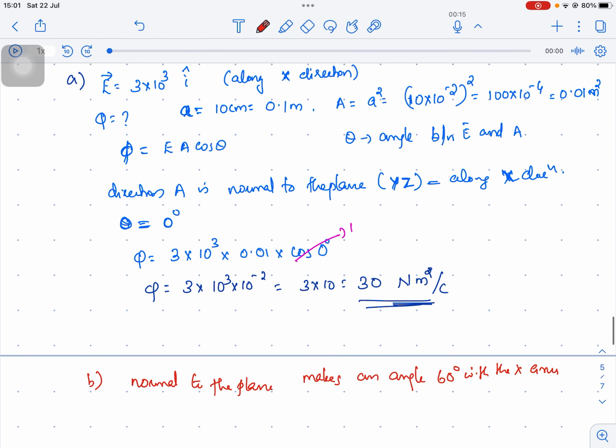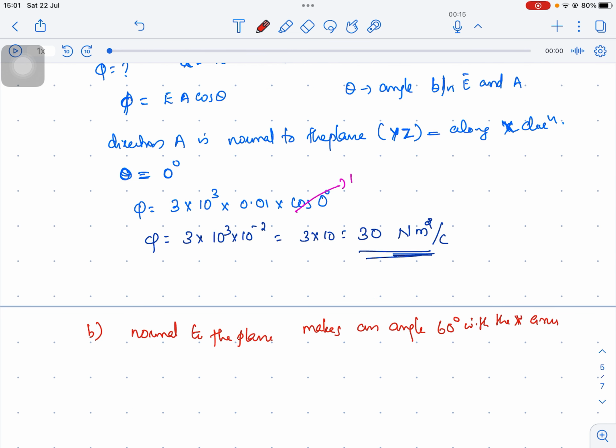So this is the angle with the x-axis. Along the x-axis the electric field vector is pointing, that is electric field is along x-axis, and it is mentioned that it makes 60 degree with that. That means in this question theta is equal to 60 degree.